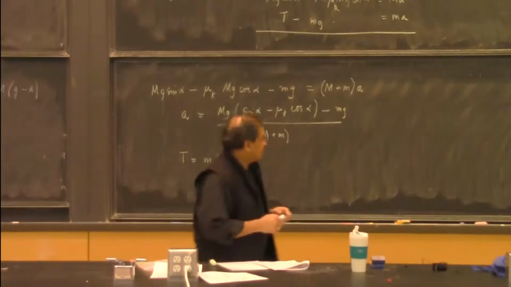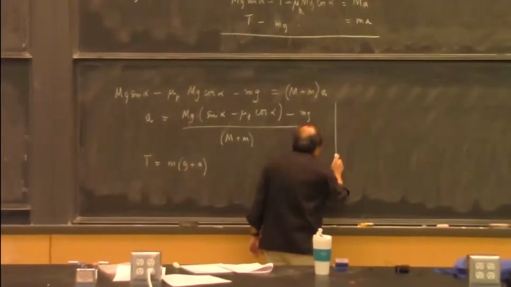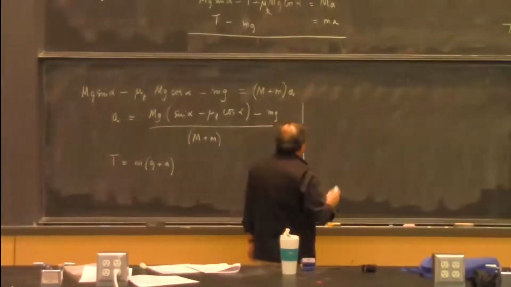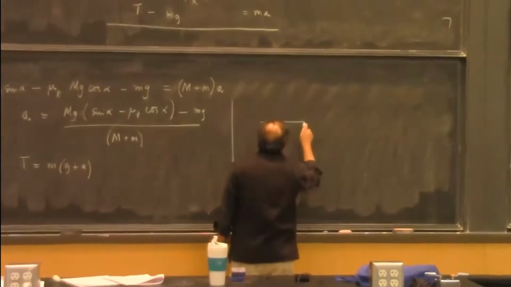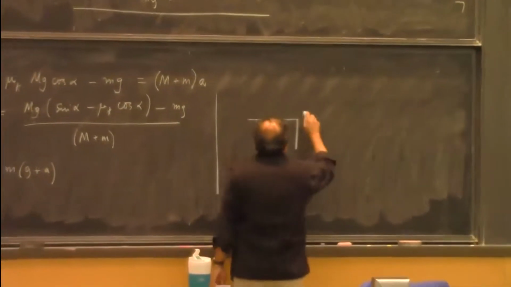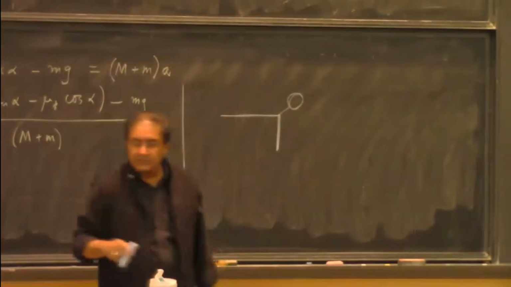Let's do a much simpler problem for a change. Important, nevertheless, is we take a table, let's say, and at the edge of the table, we put in a fluid. Okay? And then what we do is we take two masses.